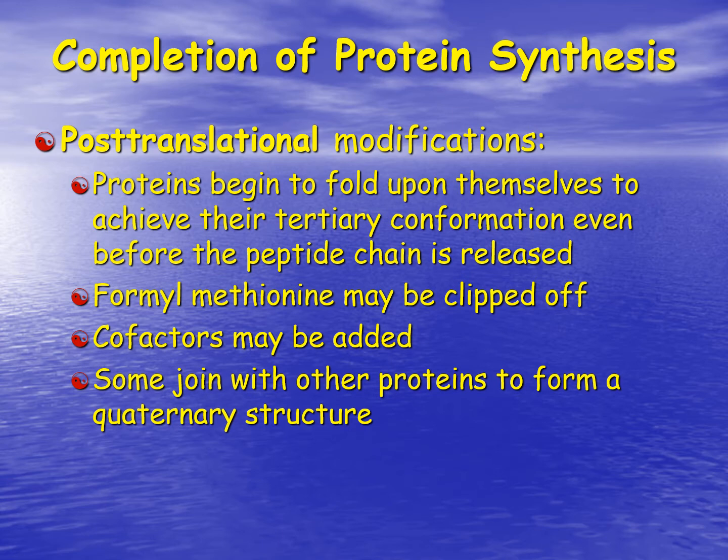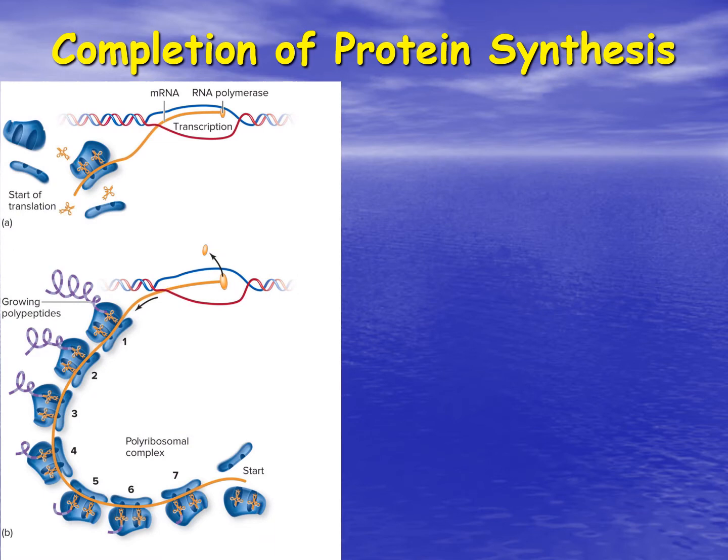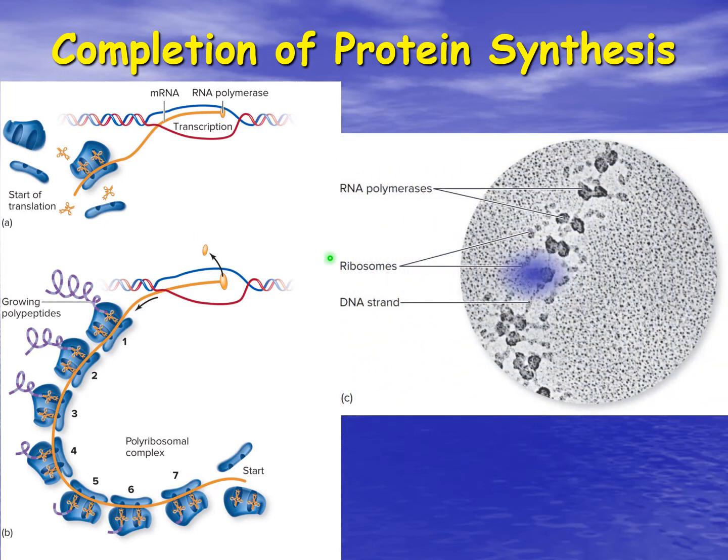Some join with other proteins to form the quaternary structures of the protein. So once we find the AUG and we start protein synthesis, the amino acid sequence is going to determine how this protein is going to fold up, and how it folds up will determine what its function is. And I love this picture.